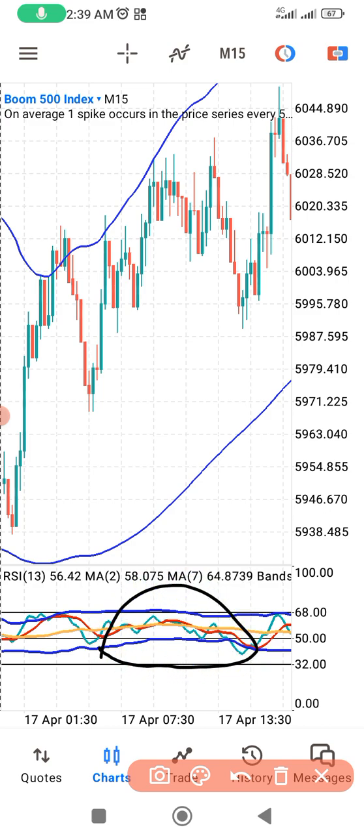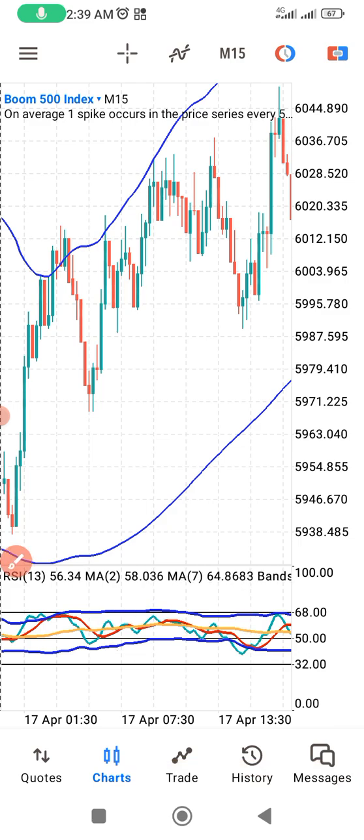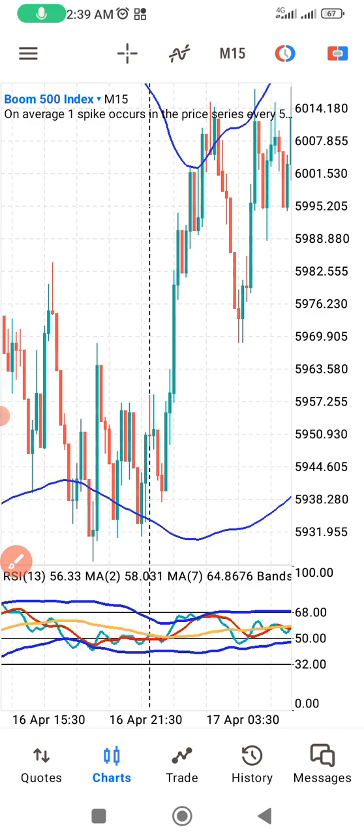Just as you are seeing, you realize that in this zone, the red line, the green line, the yellow line, everything is entangled together. You don't make an entry when the indicators are entangled together.